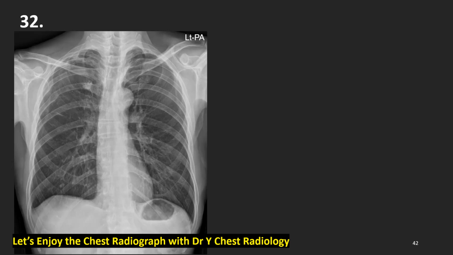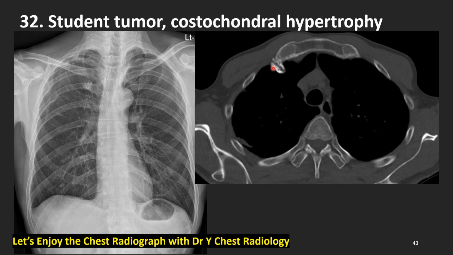In this film, which focus attracts your eyes? What is your answer? This one, right side, first costochondral junction, hypertrophic spur showed high density, nodule-like density here.